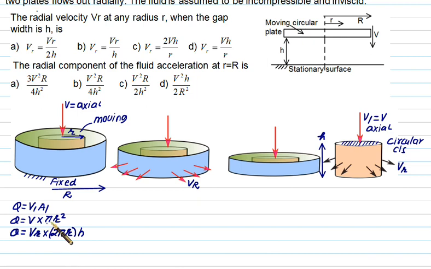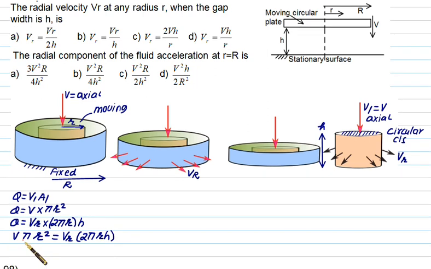We can equate these two values and calculate the radial velocity at radius r. So we have v into pi r square equal to Vr into 2 pi r into h.